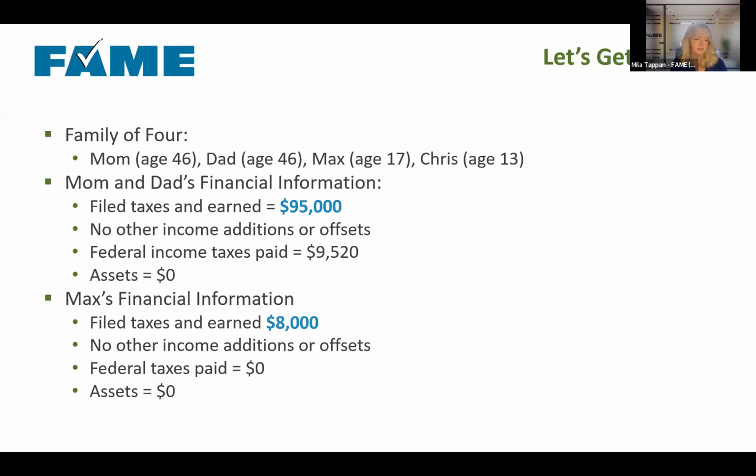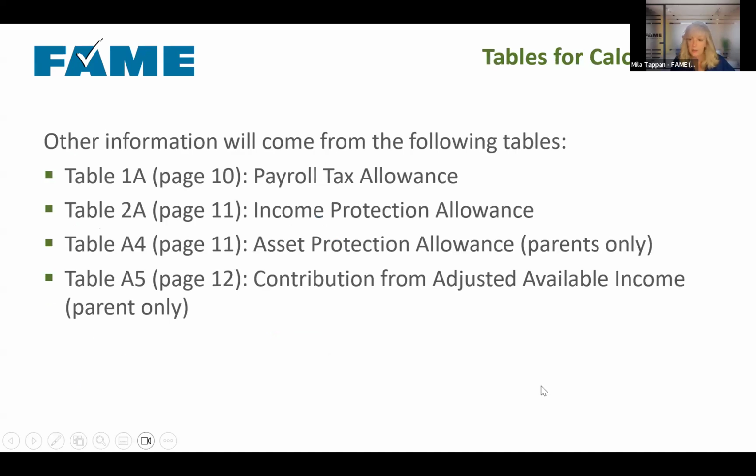Max, the student, will obviously have to fill out his section of the FAFSA. He did file taxes and he earned $8,000. He doesn't have any other sources of income, and he doesn't pay any federal taxes, and he himself does not have any assets. Okay. So when we walk through the scenario in just a moment, we're going to use the information that I just highlighted. But in your packet, which is on the website, we were able to hand out packets in person, but I'm going to show you the packet in just a moment.